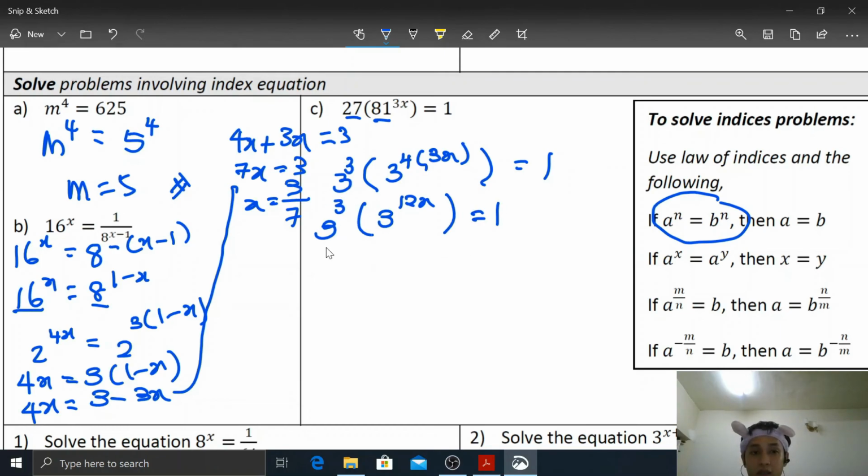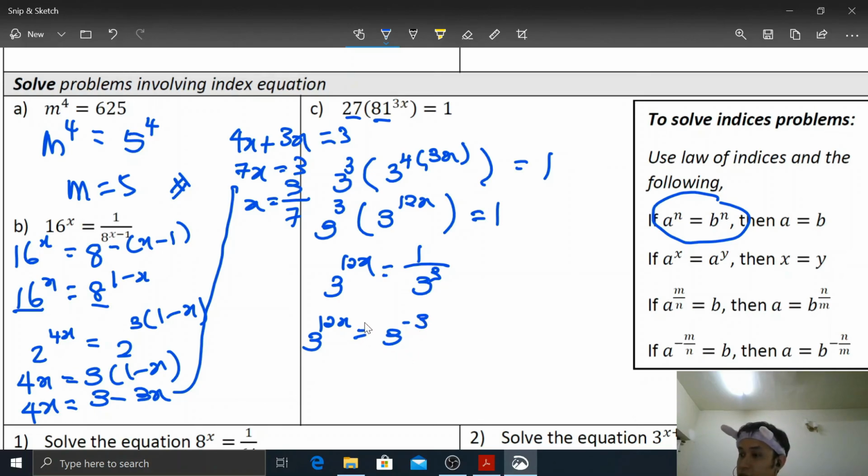This one I bring to the other side. So 3 to the power of 12x is equivalent to 1 over 3 cubed. Again, same thing like this part here. When I bring this up, it becomes 3 to the power of 12x equivalent to 3 to the power of negative 3.